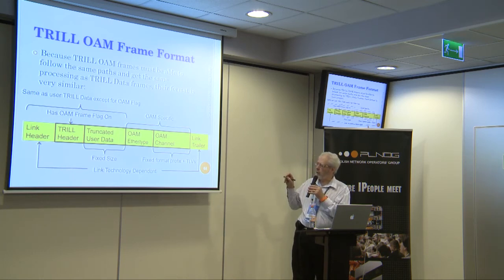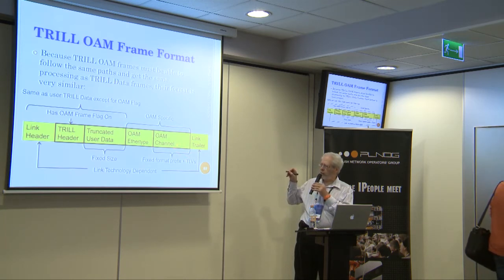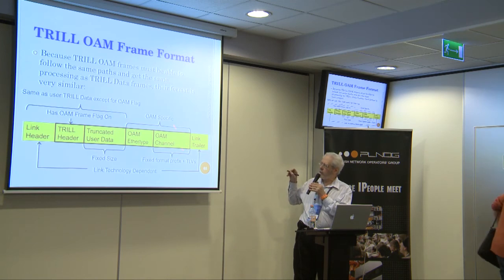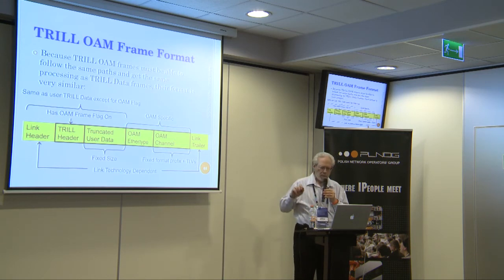There'll be an ethertype here, and then there's this thing labeled OAM channel, which will basically have an opcode and various TLVs and so forth for specifying what operation you want or reporting back results.